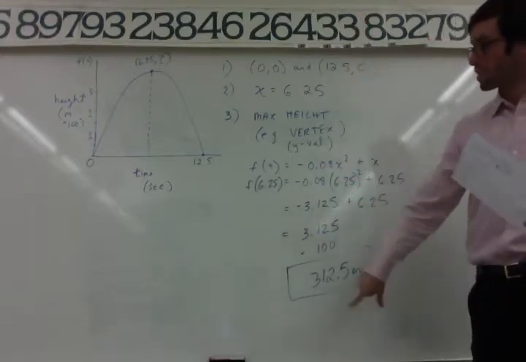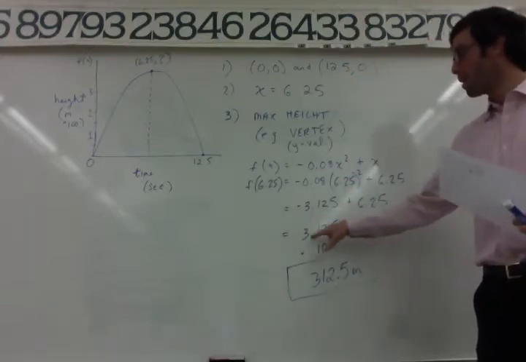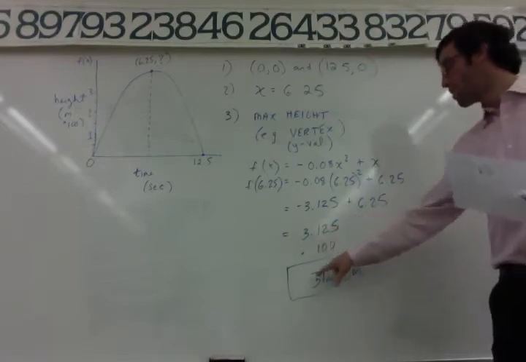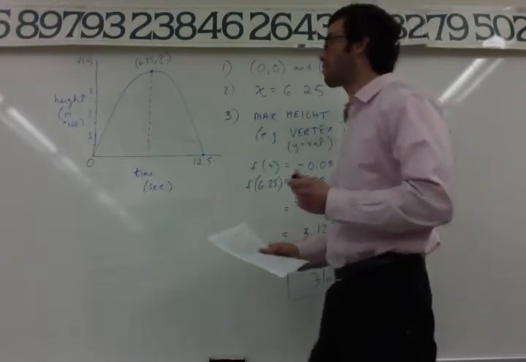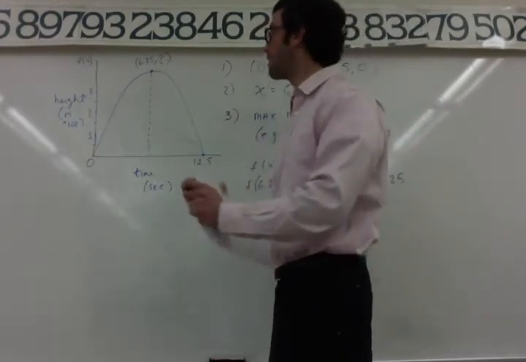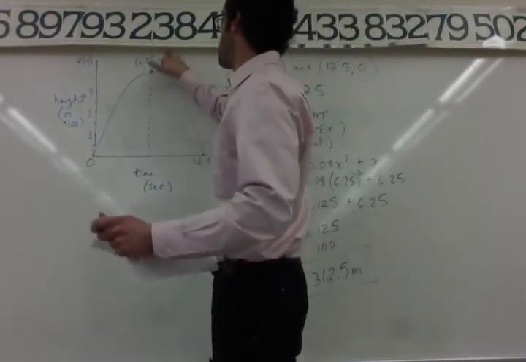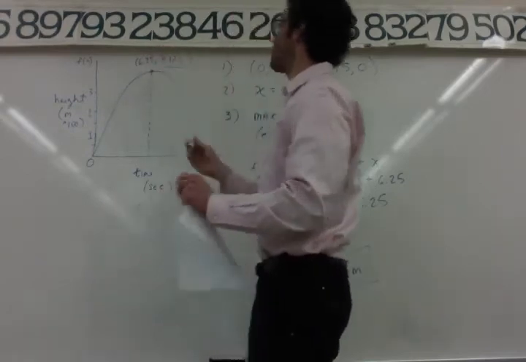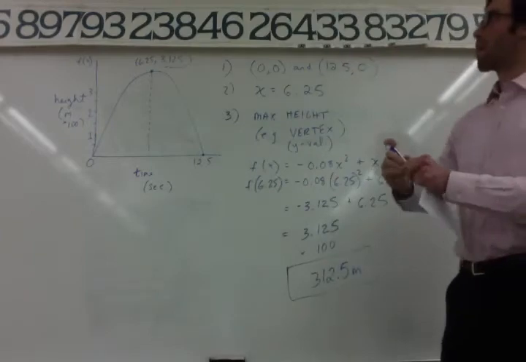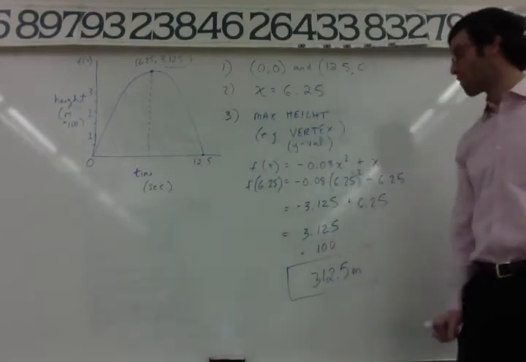With respect to this problem, we multiply by 100, moving the decimal over twice. 312.5 meters is the maximum height the projectile reaches. Because this point on the graph is 3.125, the maximum height, if we were asked in words, is 312.5 meters.